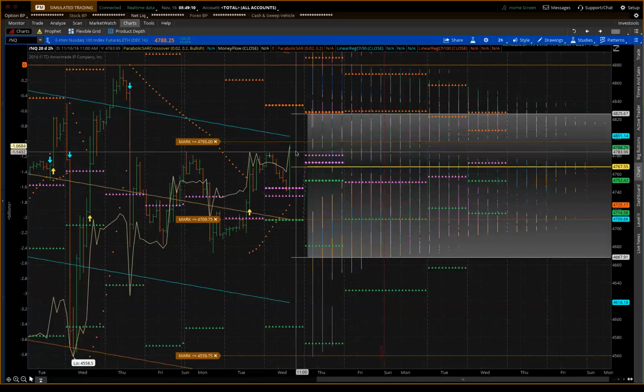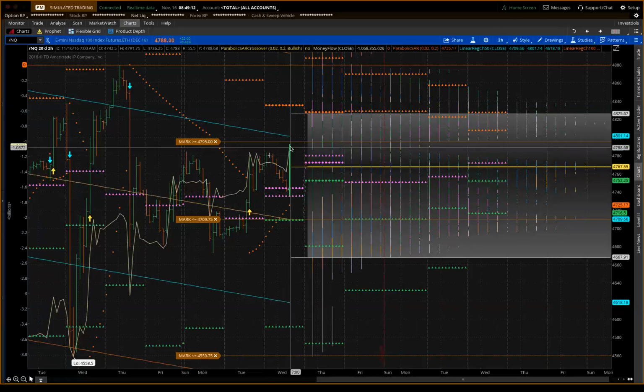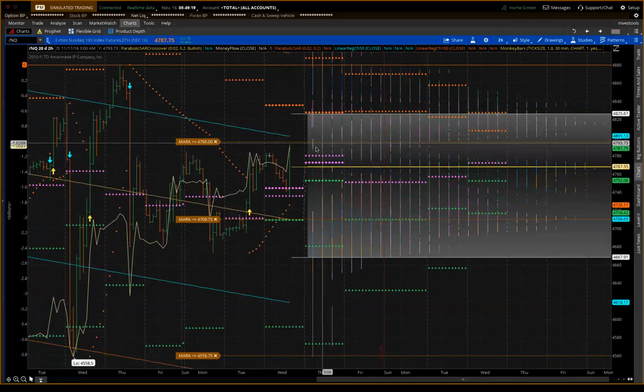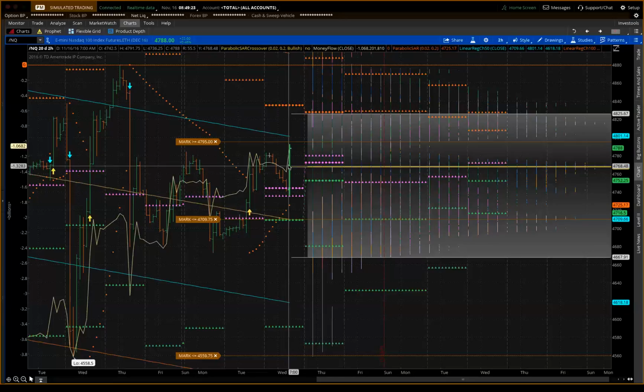All right, so the bulls need to hold this today. If they lose 47.68, I'd be a little nervous here because that'd be about halfway back of all of it today.